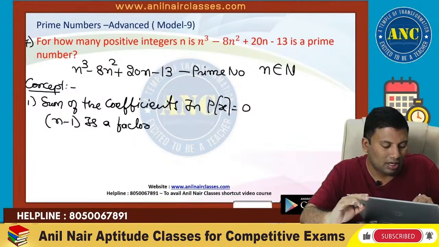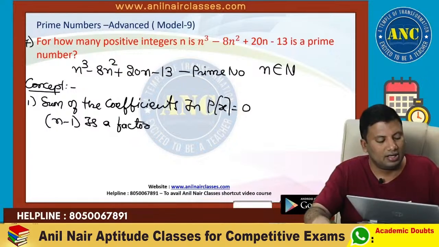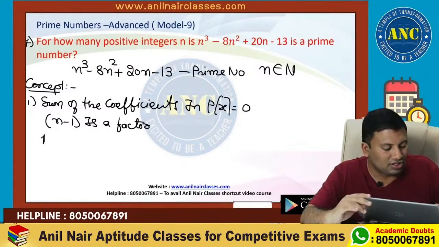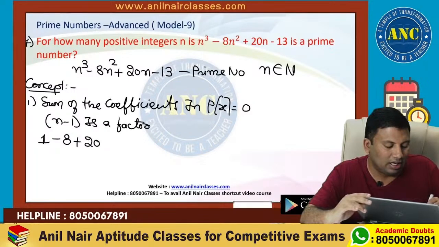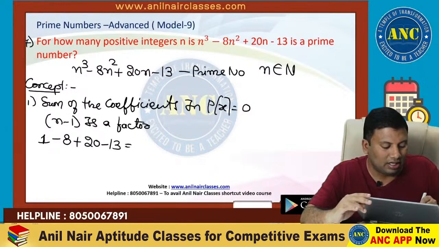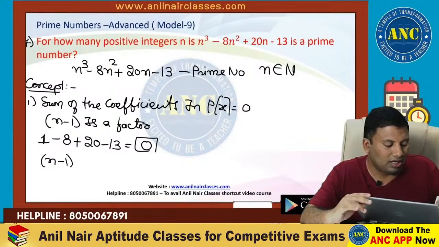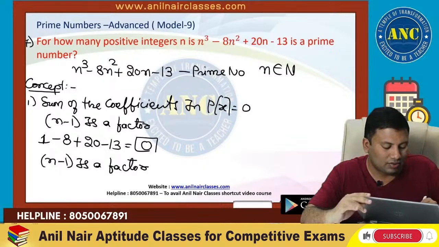Let us see: coefficients of n cube, 1 minus 8 plus 20 minus 13, 21 minus 21, 0. That means n minus 1 is a factor of p of x.